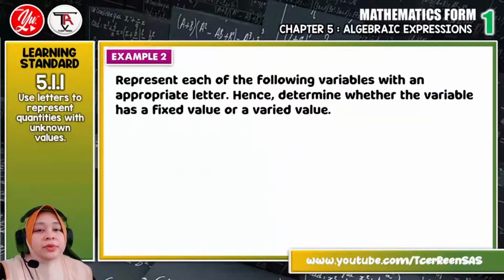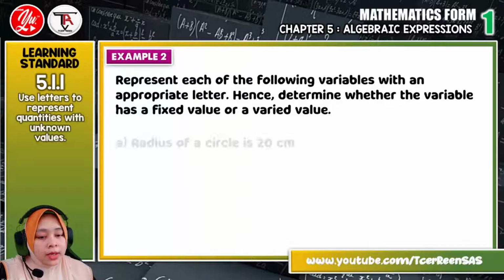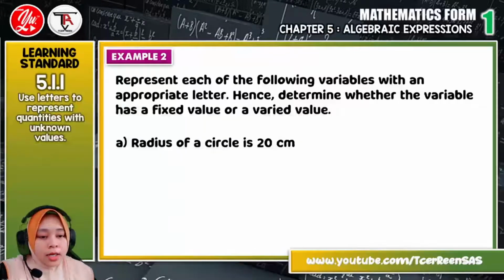All right, example 2. Represent each of the following variables with an appropriate letter. Hence, determine whether the variable has a fixed value or varied value. A. Radius of a circle is 20 cm. The radius of a circle never changes. However you do, the radius will not change for a circle.